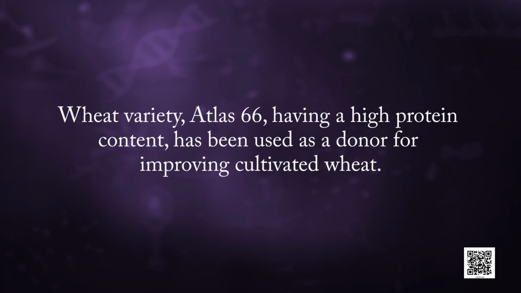Wheat variety Atlas 66 having a higher protein content has been used as a donor for improving cultivated wheat. It has been possible to develop an iron fortified rice variety containing more than 5 times as much iron as in commonly consumed varieties.